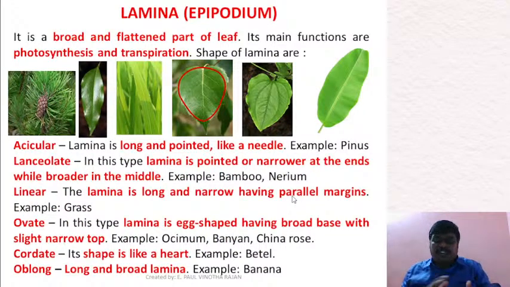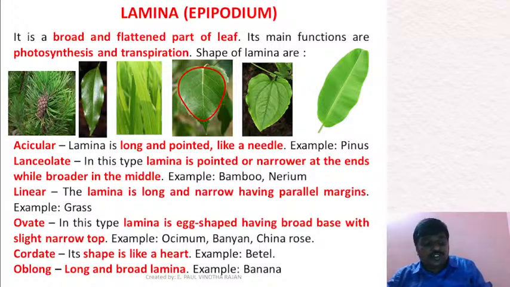Next is lamina. I have told you, the flat green portion of the leaf is called lamina. The lamina has two functions. One is photosynthesis. The other one is transpiration.